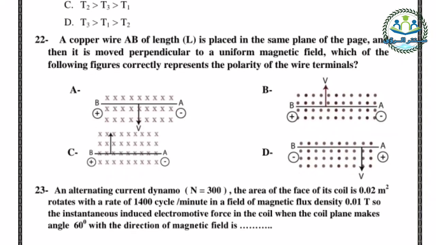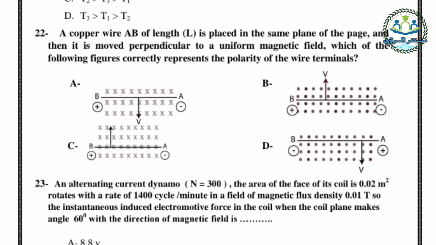23. An alternating current dynamo, N equals 300.